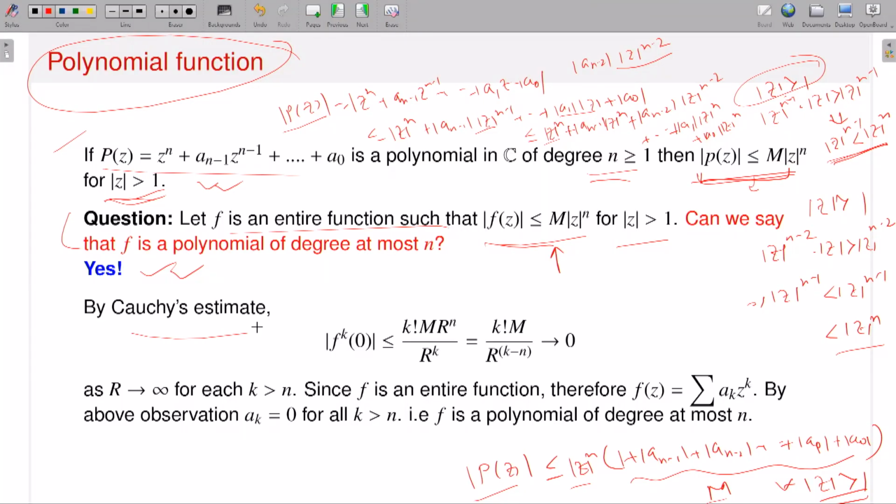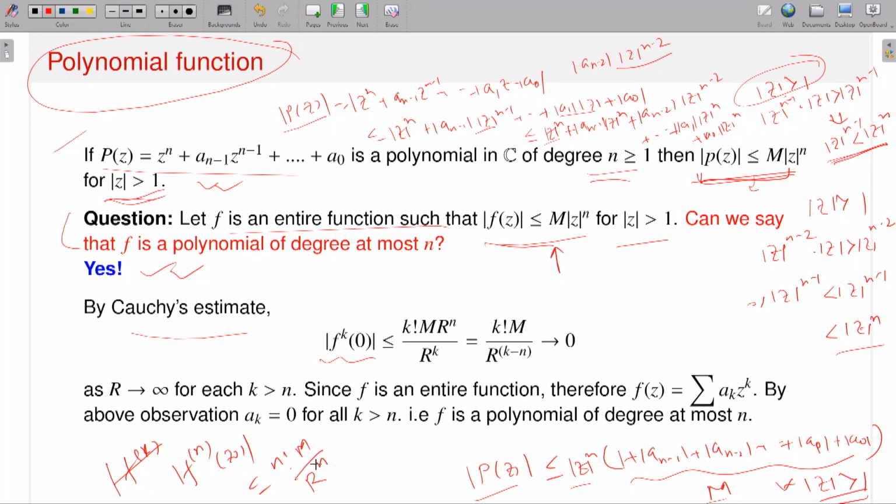So if I use that estimate for these functions f, then the nth derivative at the point z0 will be estimated by factorial n times M divided by r to the power n. These things, if you remember. So what is factorial n? It comes from the derivative, perfectly all right.